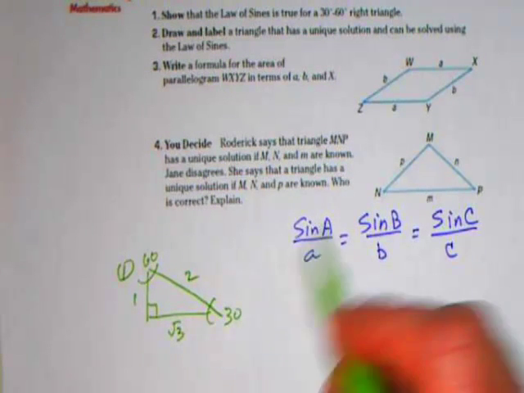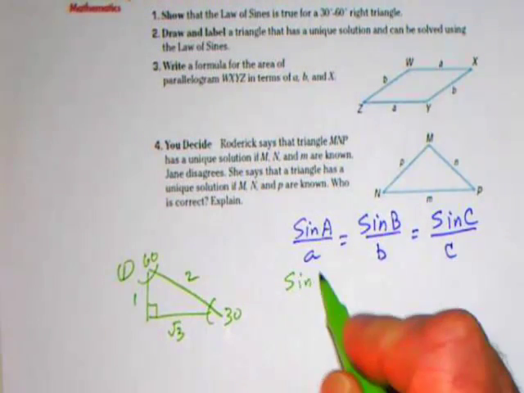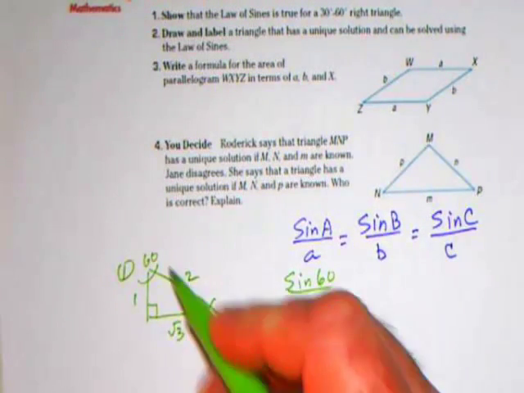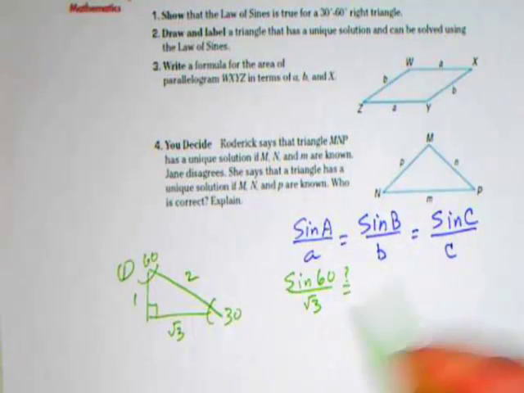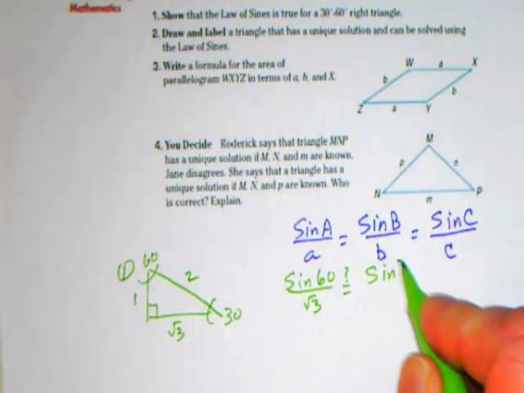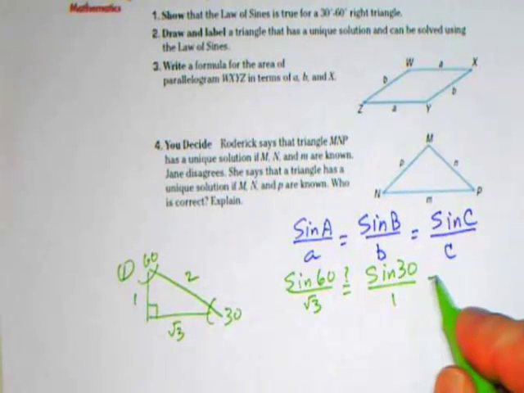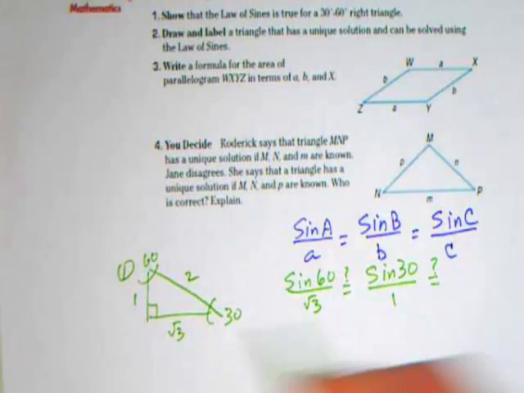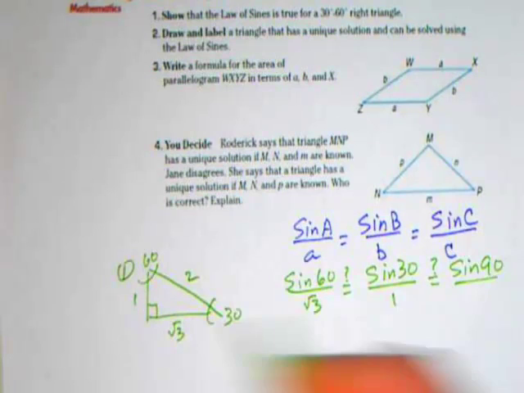So we want to ask ourselves, is the sine of 60 over root 3 equal to the sine of 30 over its opposite side, which is the 1, and is that equal to the sine of 90 over the hypotenuse, which is 2.